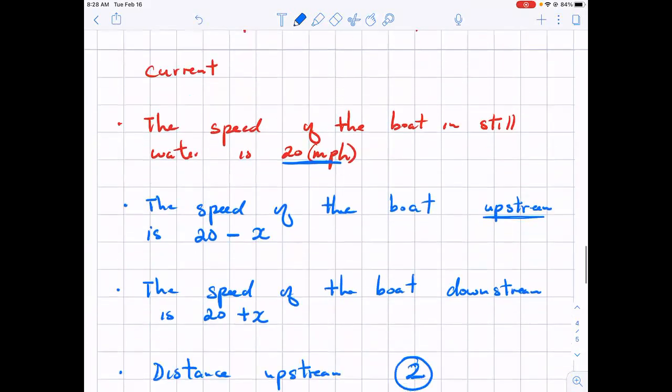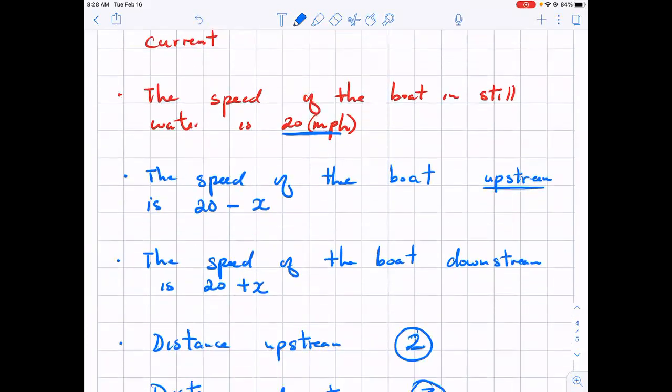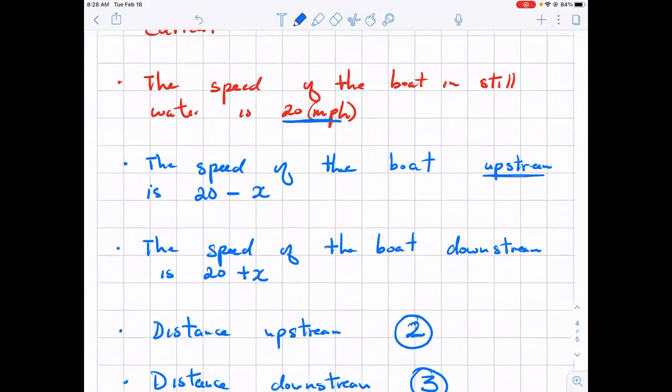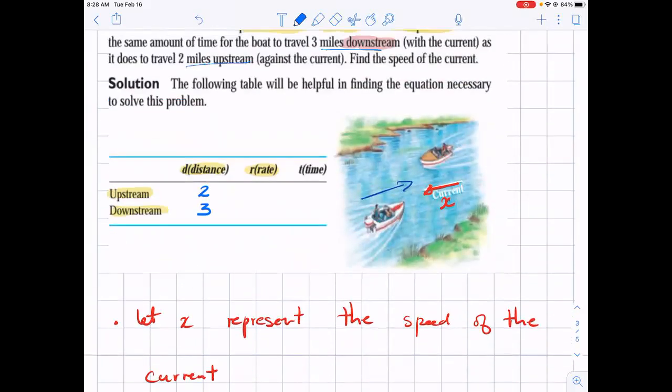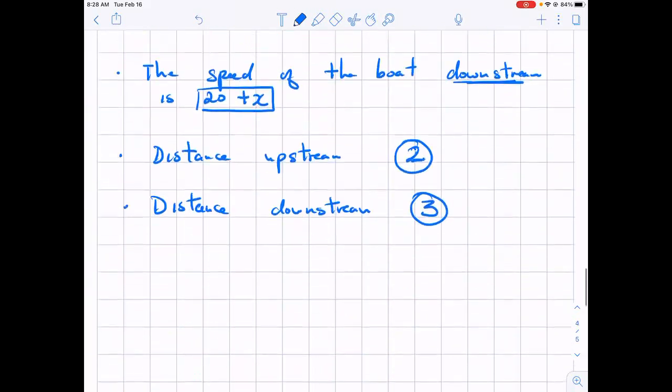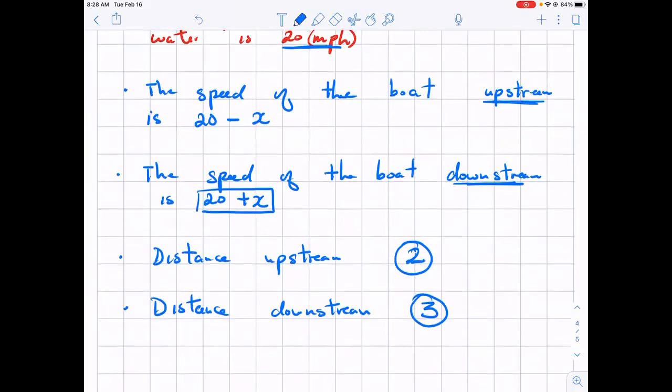Now the rate. The rate downstream is 20 plus x. That's my speed, my rate. And for upstream, we have 20 minus x.